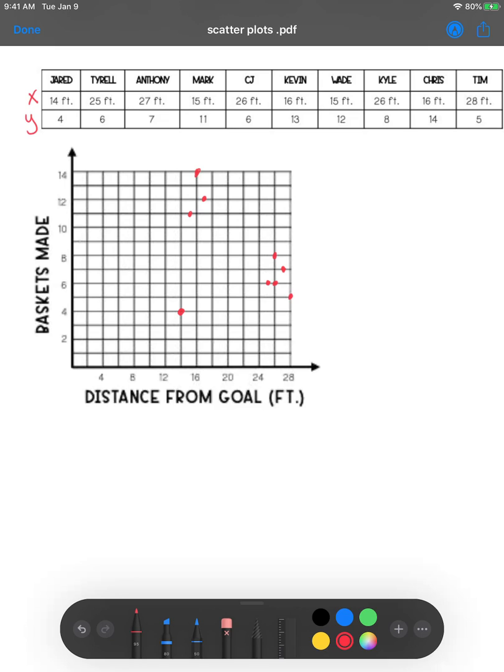Alright, so looking at this data, what type of association do you see in the scatter plot? So it's kind of just scattered everywhere. There's not really a linear relationship to it. So it's no association.